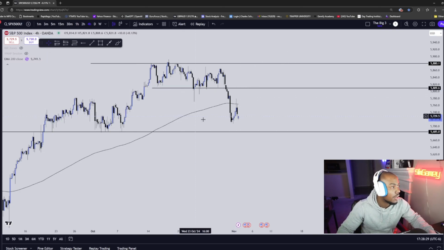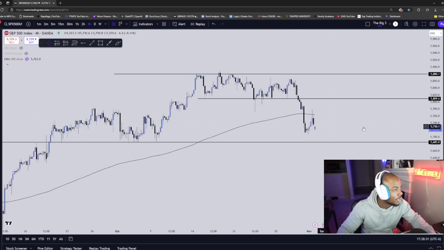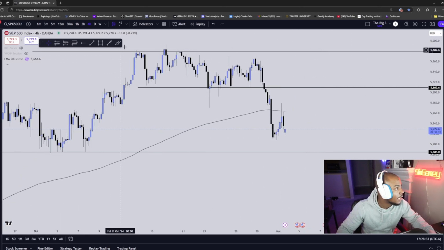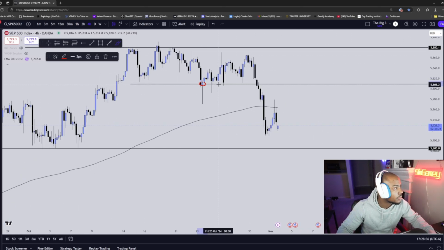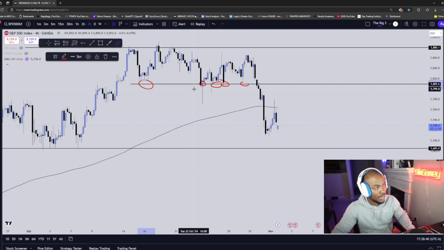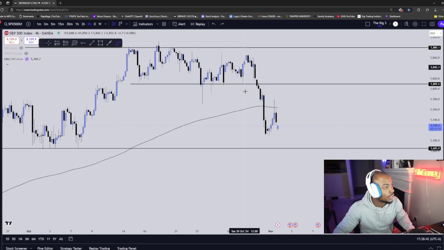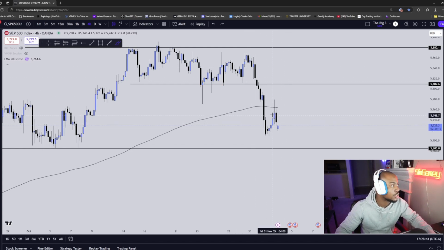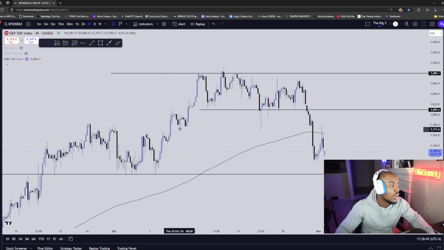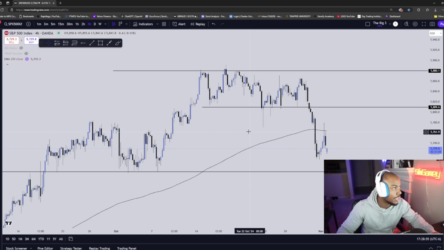Price bounced off of this a few times, and then eventually it broke through and had a strong push to the downside because we couldn't break those all-time highs. There were no huge news events or economic data, so I figured we were just going to consolidate for a while and break to the downside.